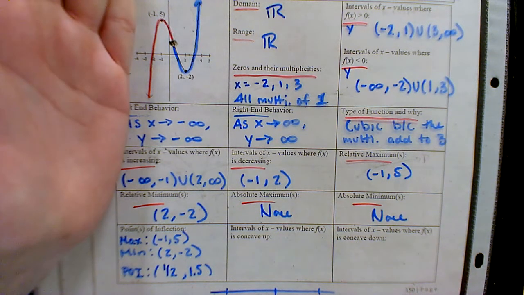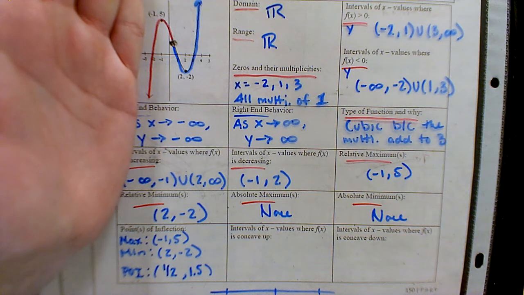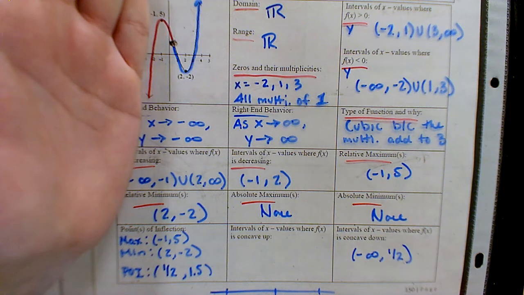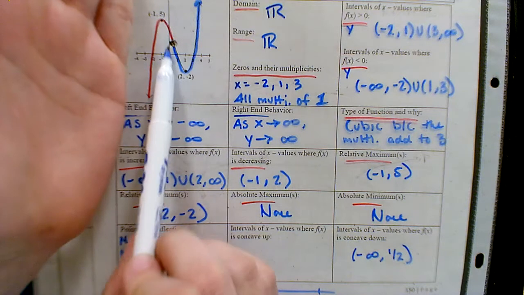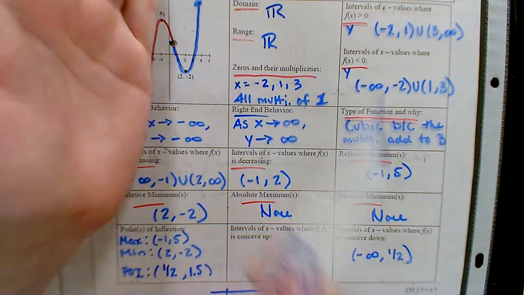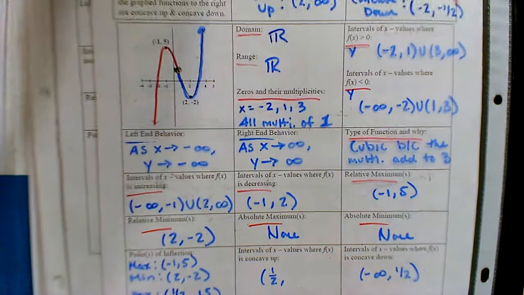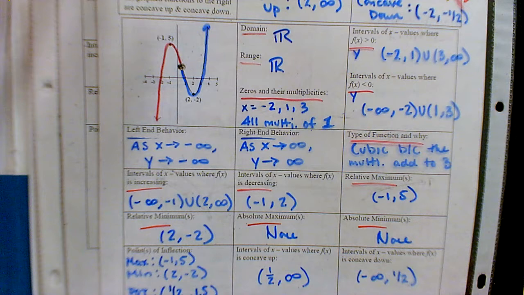So that interval would be negative infinity to that point of inflection we identified, which had an x value of 1/2. And then the concave up section that looks like a regular parabola would start at that point of inflection of 1/2 and then continue all the way to the right towards positive infinity. Don't lose that for tomorrow. We're going to try another one, okay?